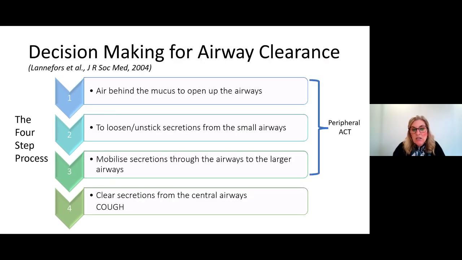We defined the first 3 stages as peripheral airway clearance techniques or secretion mobilising, and the last, the cough, as a proximal airway clearance technique.